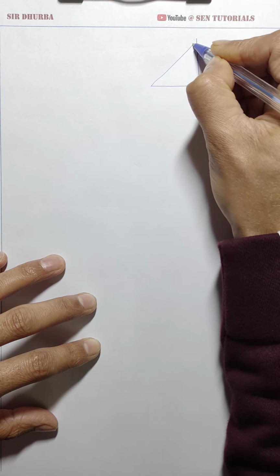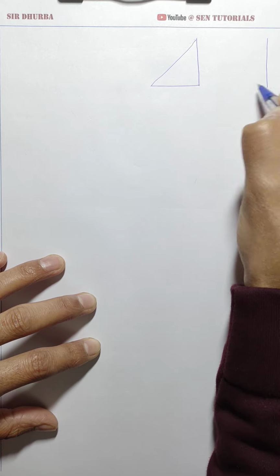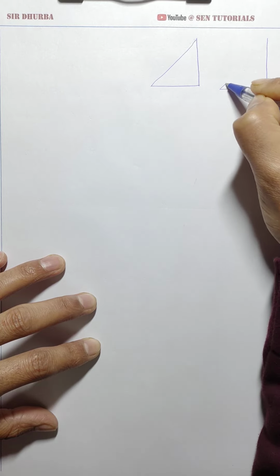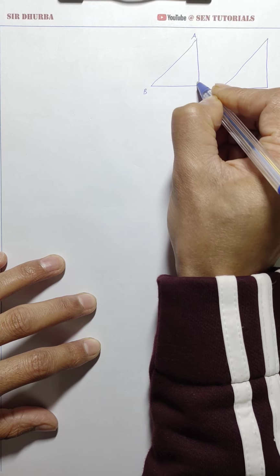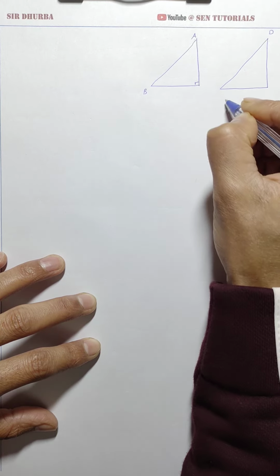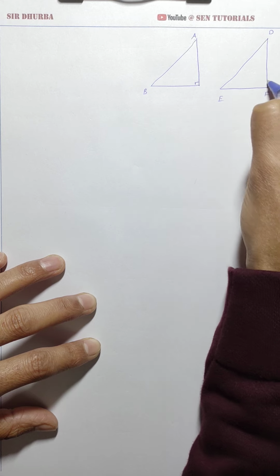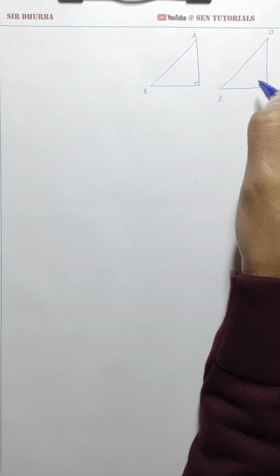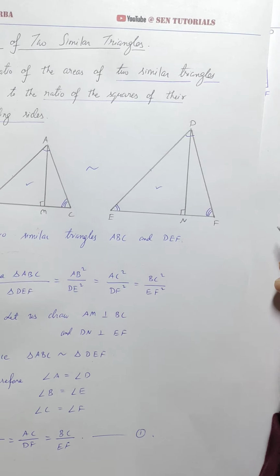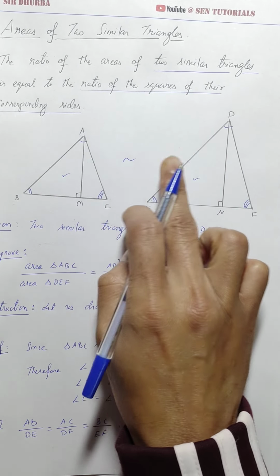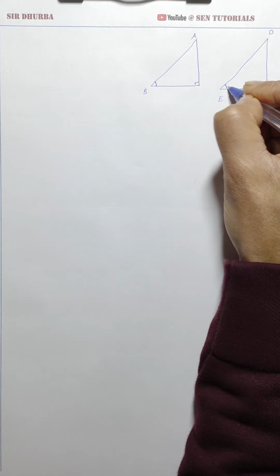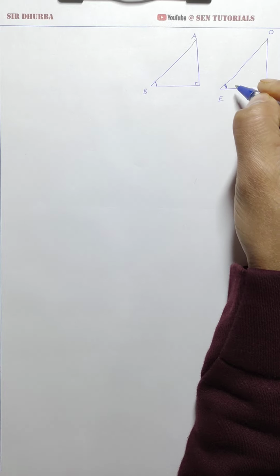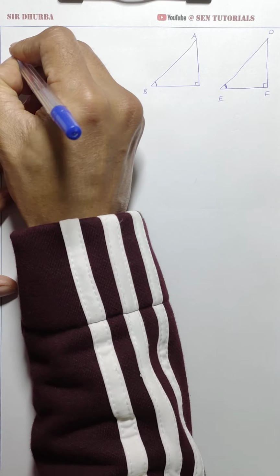It's always good to have your specific triangles roughly drawn, so that there is no confusion. DEF. Okay, this is what we have. So from the main figure we see that angle B is equal to angle E. So this is already equal.